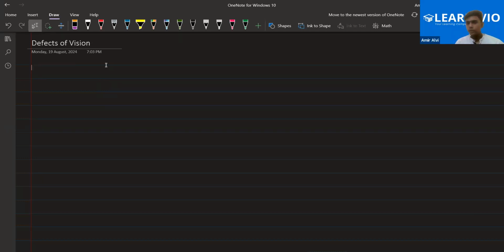In the defects of vision, the power of a lens, the topic we did in the light chapter, will be used. Only the lens formula and the power of a lens are used, no mirror formula and no magnification.